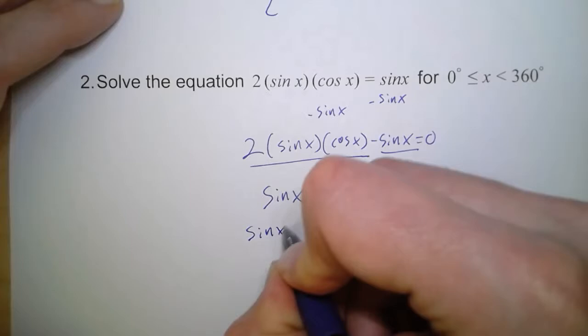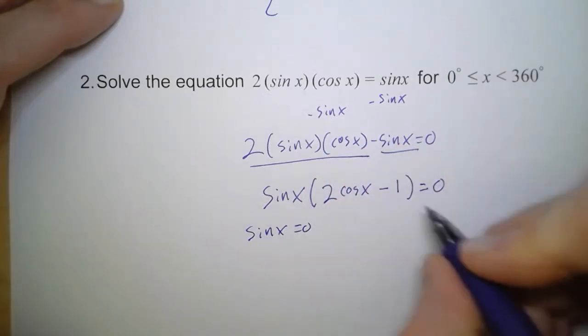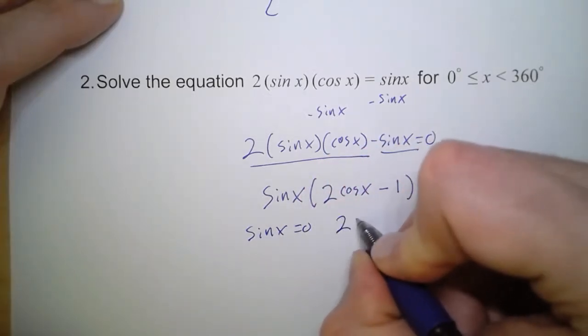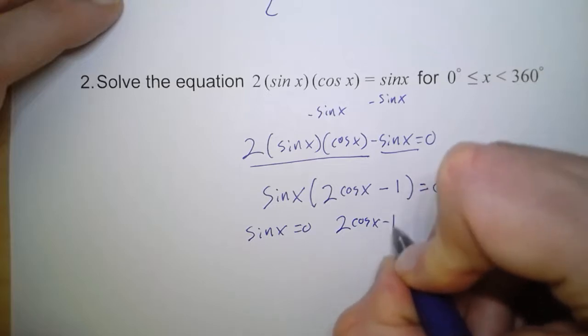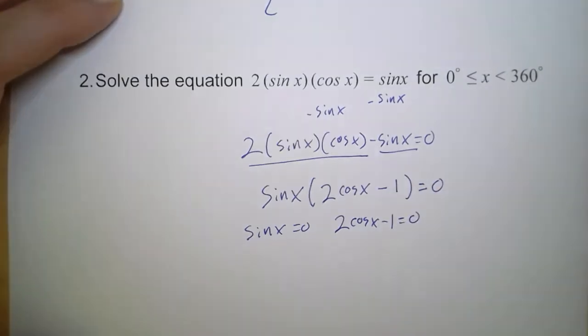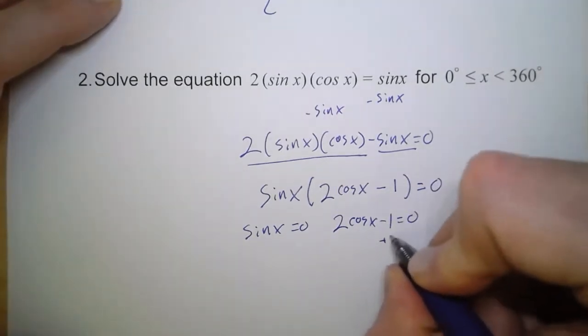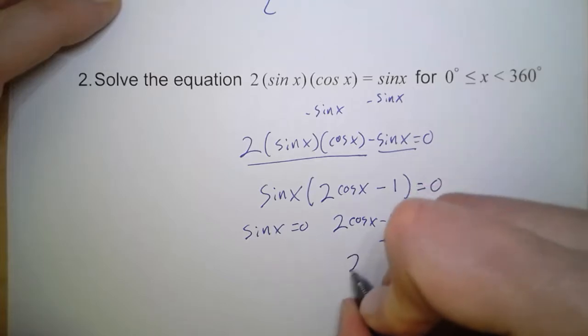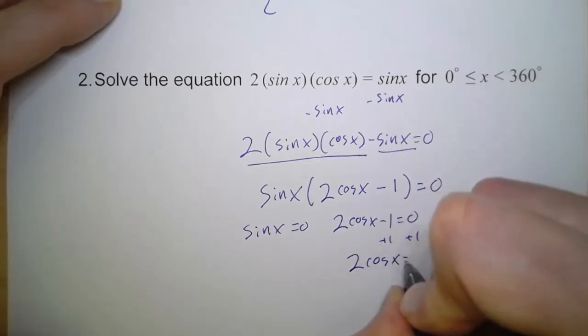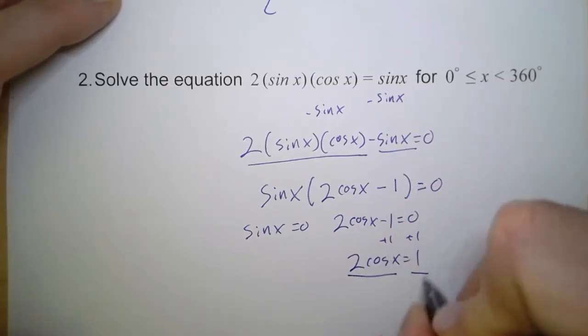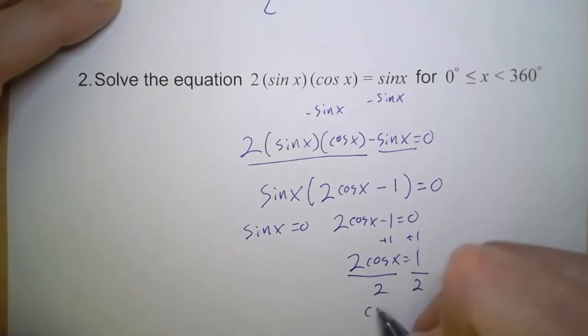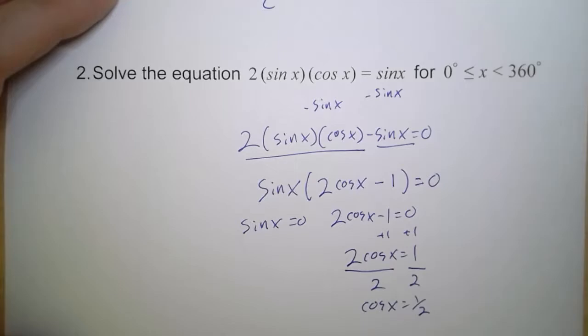That means sine of x by itself could equal 0, or 2 cosine of x minus 1 could equal 0. So we add 1 to both sides, so we have 2 cosine of x equals 1, and then we divide by 2. So cosine of x equals 1/2.